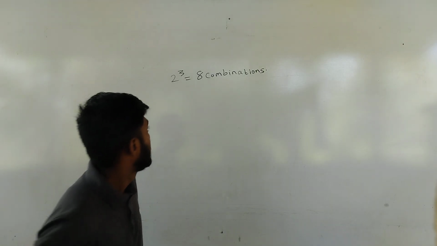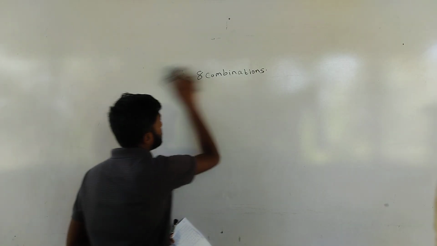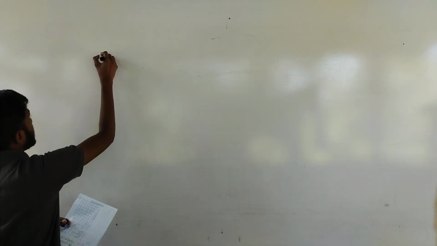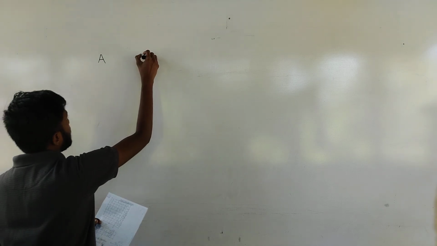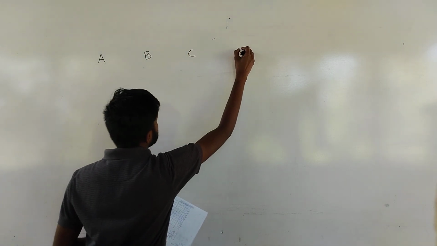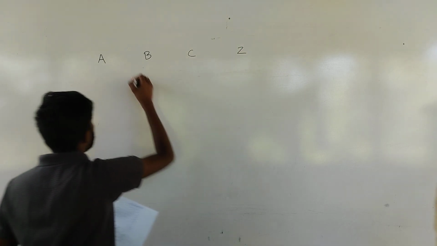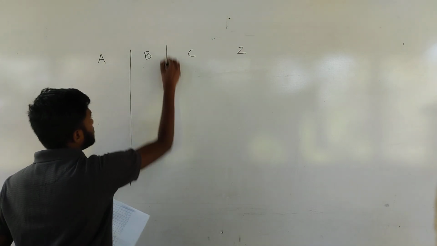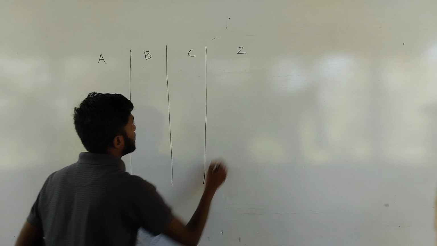Then let us draw the truth table, okay? When it comes to the truth table, you have the inputs A, then B, then C, and the output is Z. So let us draw this.